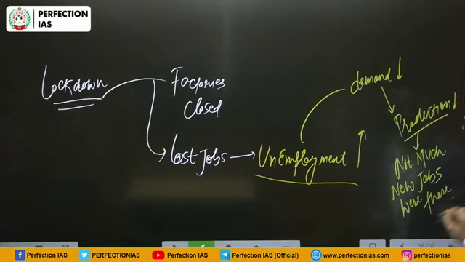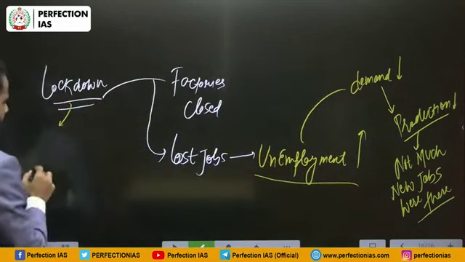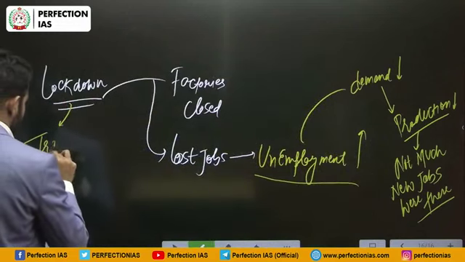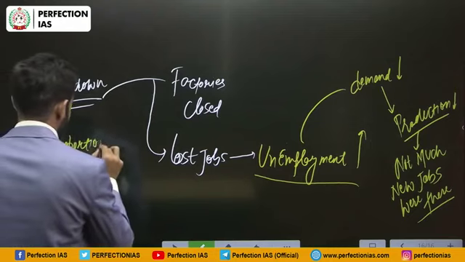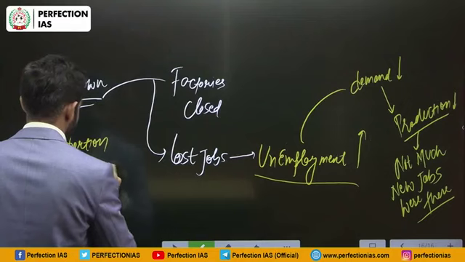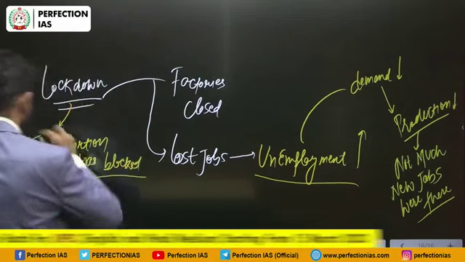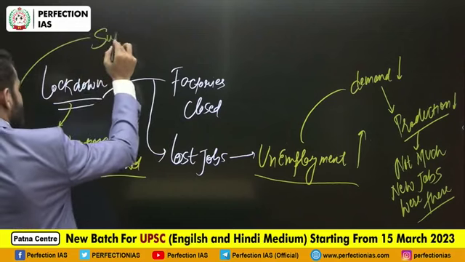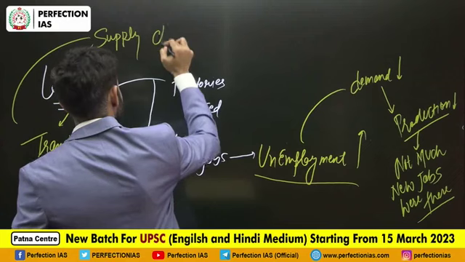Apart from that, due to lockdown, the transportation was impacted badly. So transportation was blocked, and that is why the supply chain was disrupted.